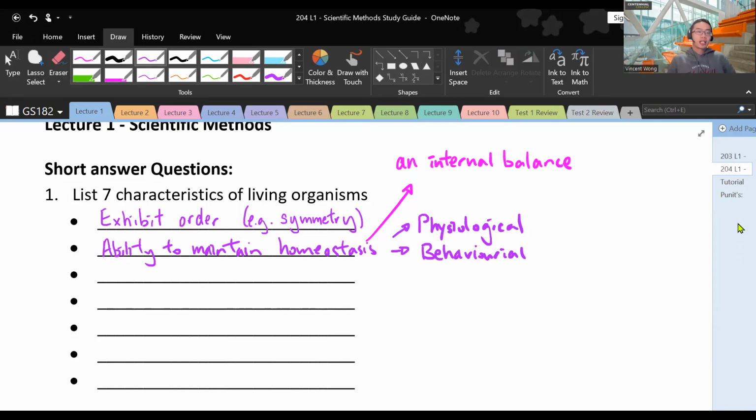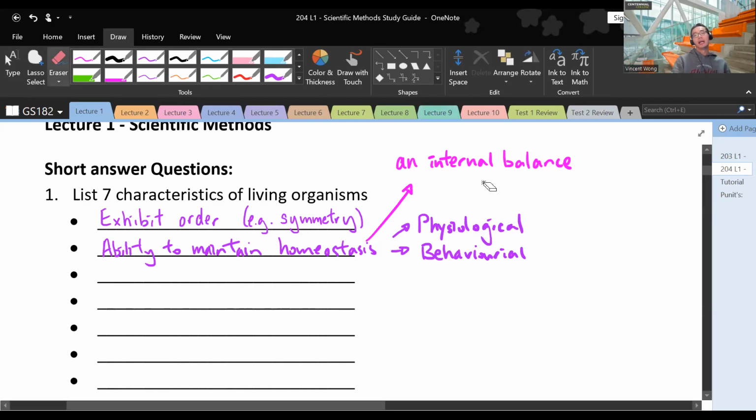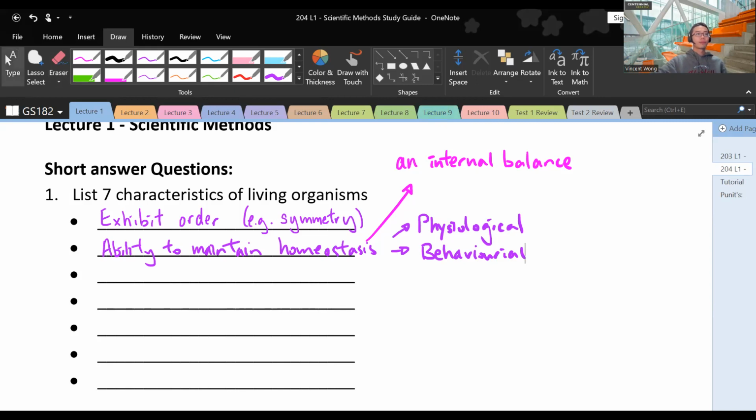So if it's really cold outside, you might shiver. Shivering brings your body temperature back up, right? And shivering is something that your body does for you. That would be considered physiological. What would be an example of a behavioral mechanism if it's really cold outside? Yeah, go ahead, please. Jisung?